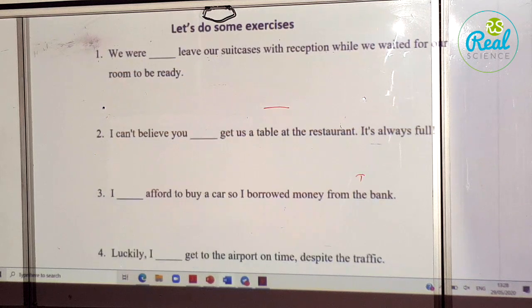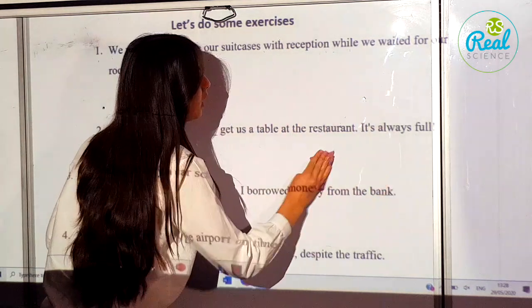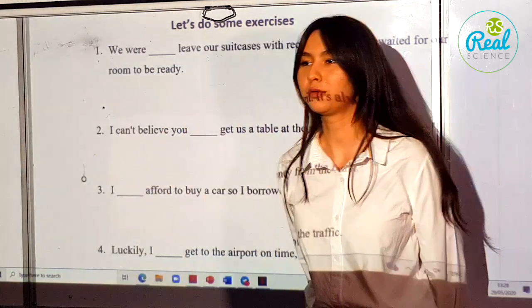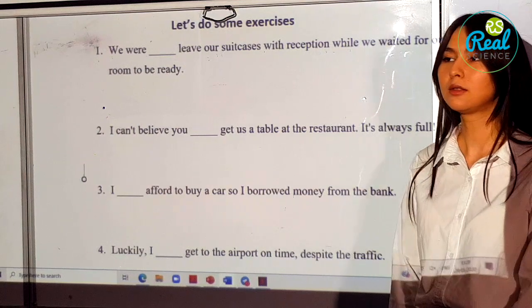So, practical part of our lesson. Let's do some exercises. Now we will do together the exercises related to this grammar part. Who wants to start the first one? Any volunteers? Who wants to read?